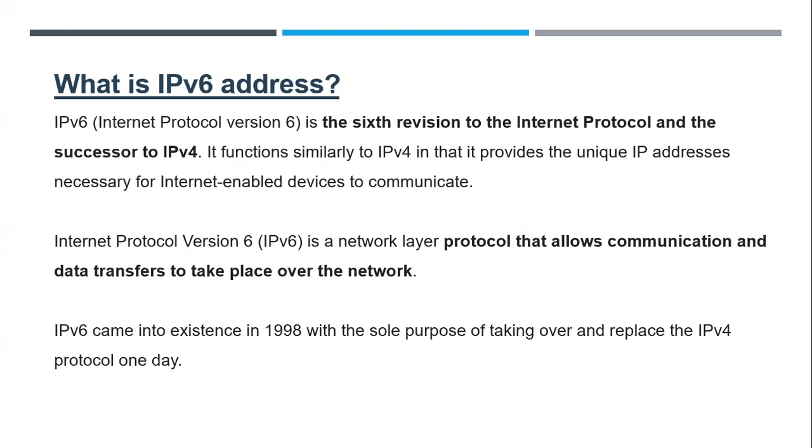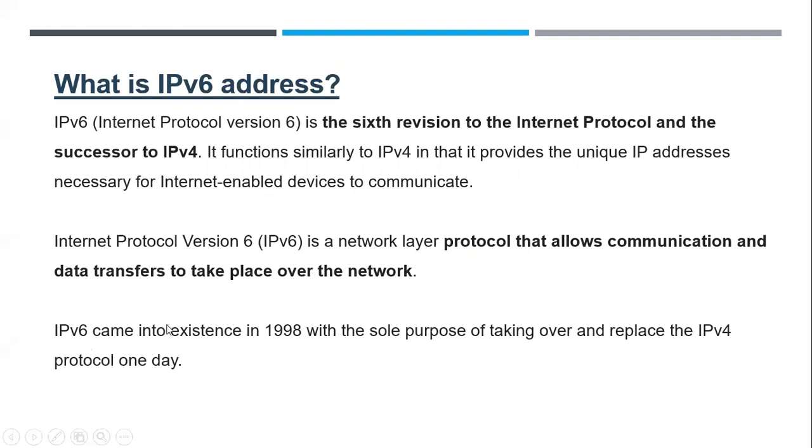Internet Protocol version 6 is a network layer protocol that allows communication and data transfers to take place over the network. That is the actual point about IPv6. It's a protocol that allows communication and data transfers to take place over the internet.